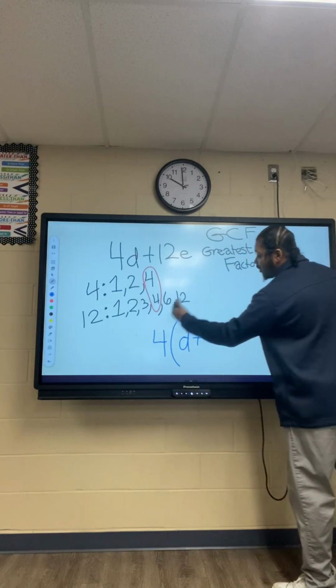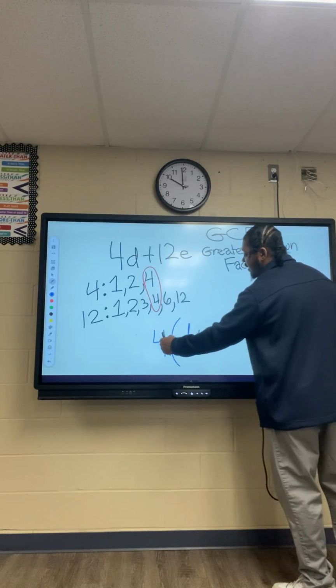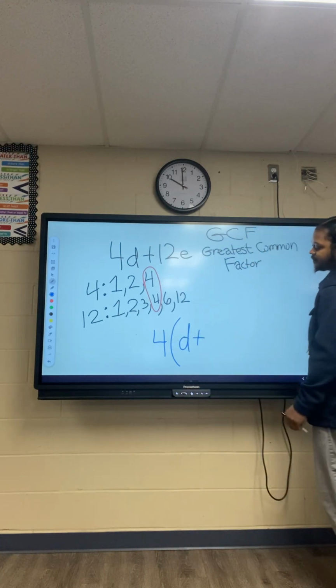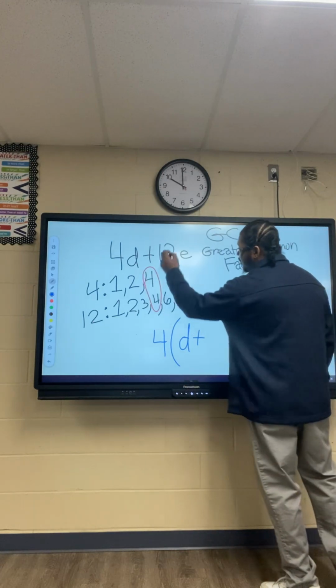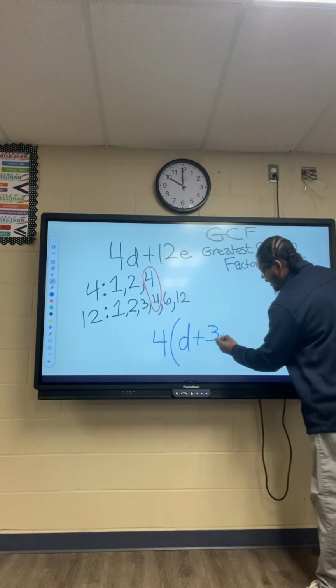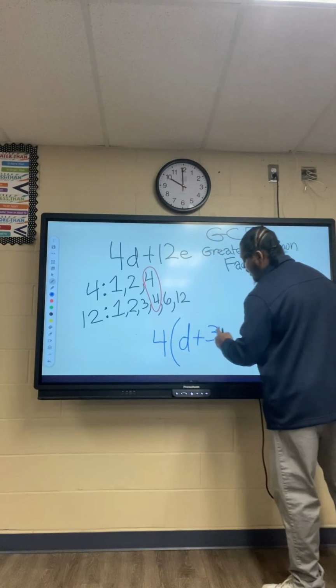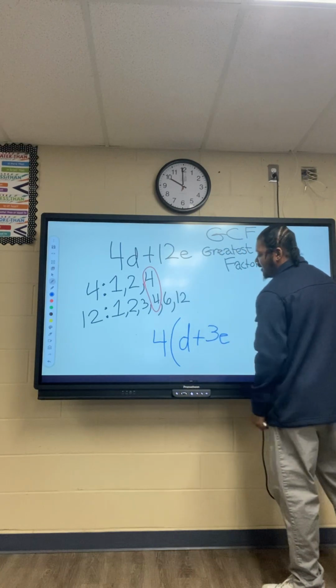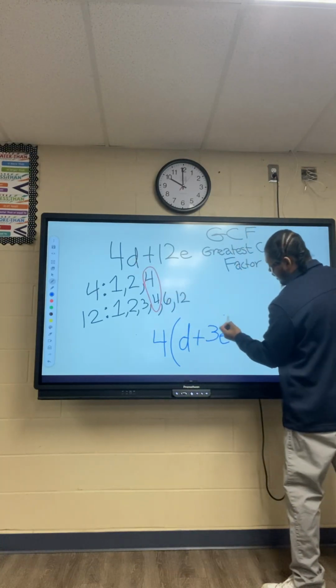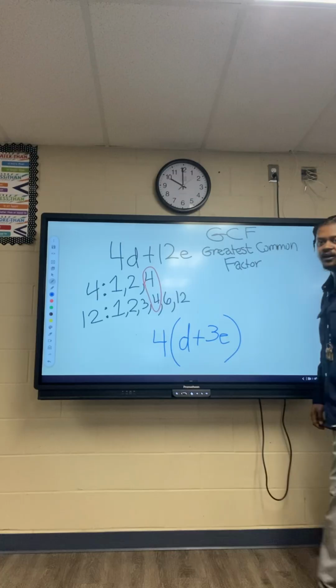So now that we've pulled the 4 out, what can we multiply the 4 by to make 12, okay? Anybody know? All right, 4 times 3 is gonna give us 12, okay? So we can put 3E here. So 4 times 3E is gonna give us 12E, and 4 times D is gonna give us 4D, okay? And we can close our parentheses, all right?